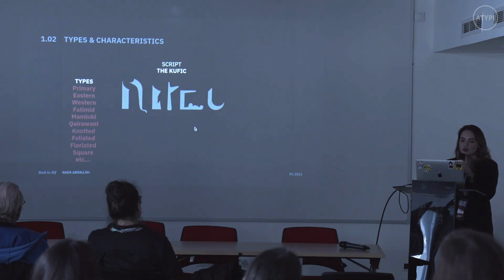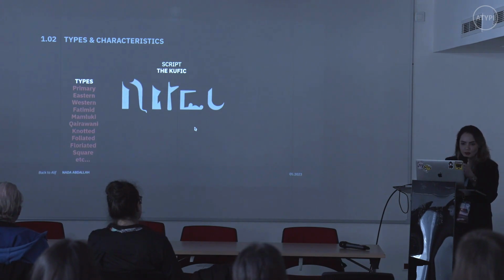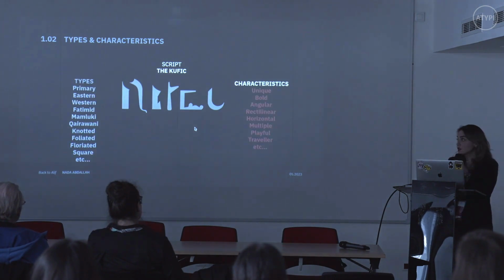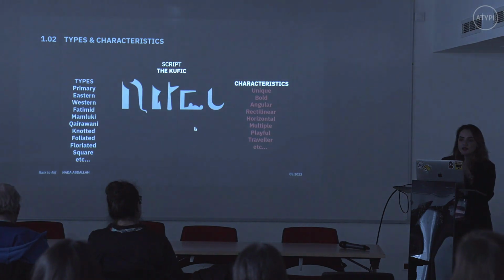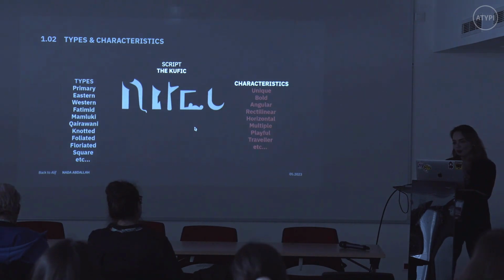There is the Eastern, Western, Fatimid, Mamluki, Kairawani, knotted, foliated, floriated, squared, and so many more. Some of its characteristics are that it's very unique, very different, very full of personality. It's a bold script. It has lots of angles in certain forms. It is rectilinear, horizontal, and very playful, and I would call it a traveler.